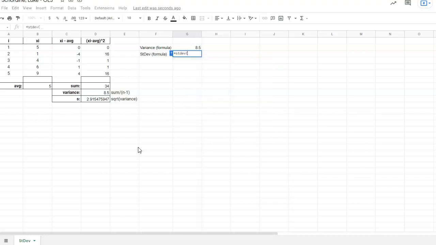I'm using the values from B2 all the way up to B6, close parentheses, enter. Look at that. This and this are exactly the same thing. Okay, so you've learned how to use Google Sheets to do sort of a complex calculation, and you've also learned how to use Google Sheets to simplify that calculation if it has the formula for it.